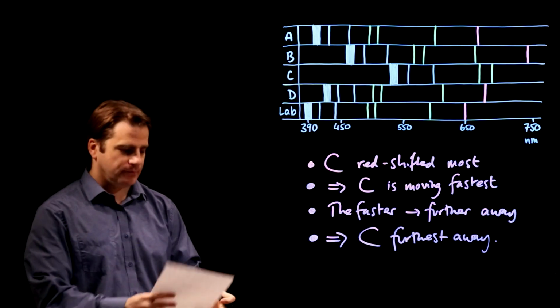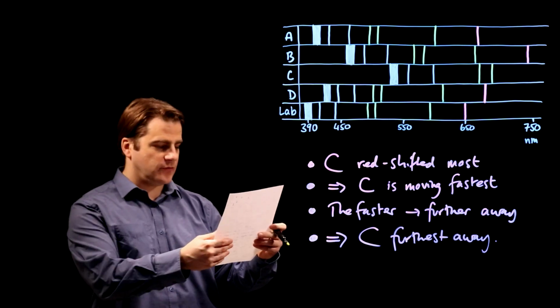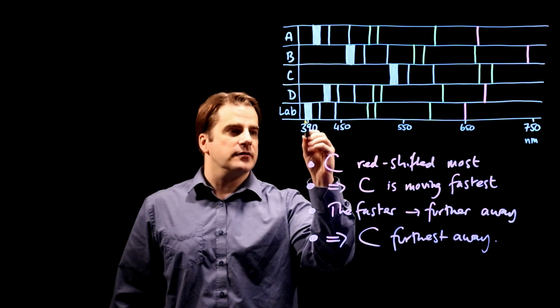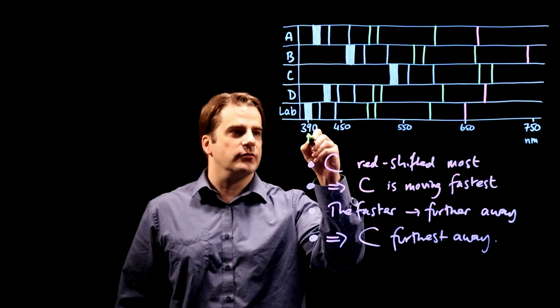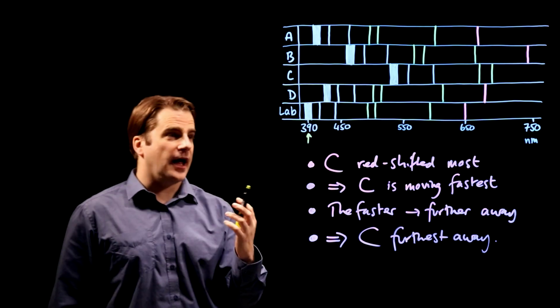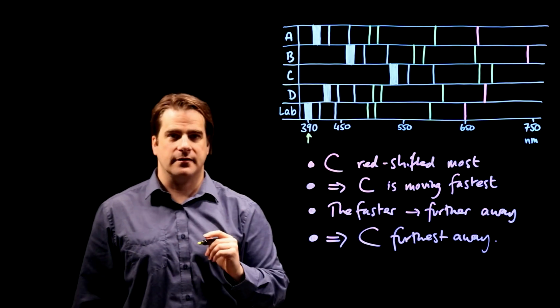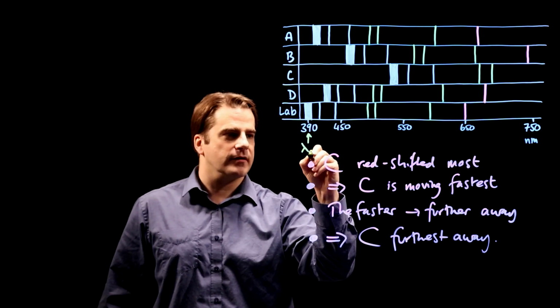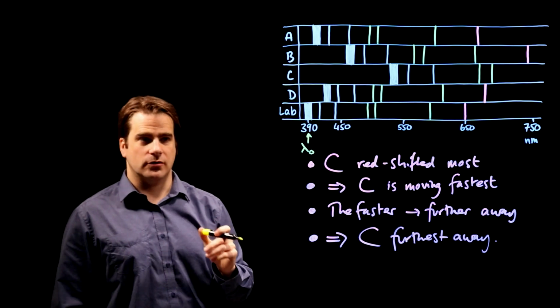Okay, part 2. We're told that the reference wavelength is 390 nanometers. Okay? So that is the reference wavelength, this thick line on 390 nanometers. Reference wavelength is depicted by lambda naught.